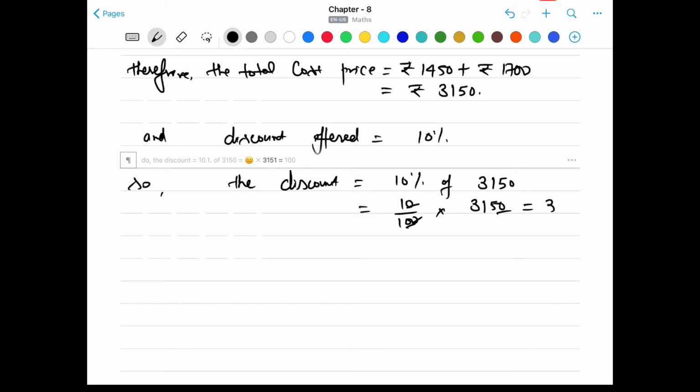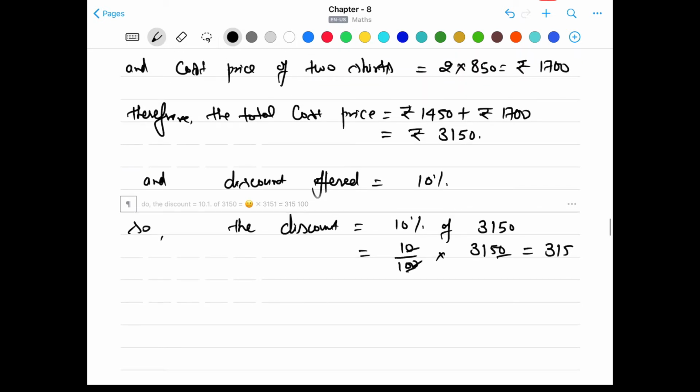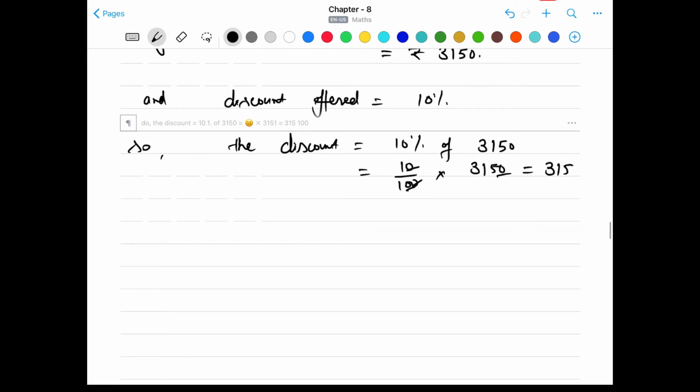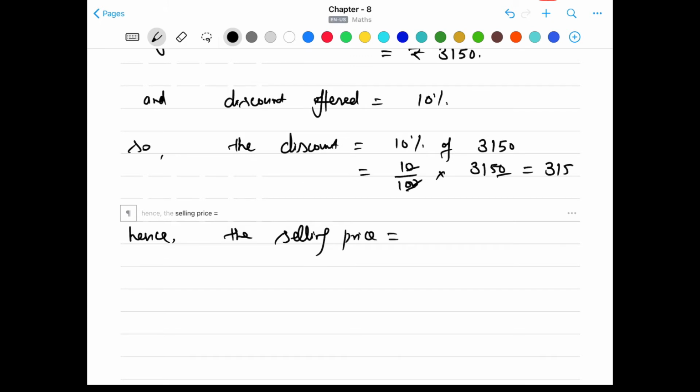So the answer is 315 rupees. So the discount given on this purchase of one jeans and two shirts is 315 rupees. Now we have to find the final selling price. Hence the selling price will be cost price minus discount.